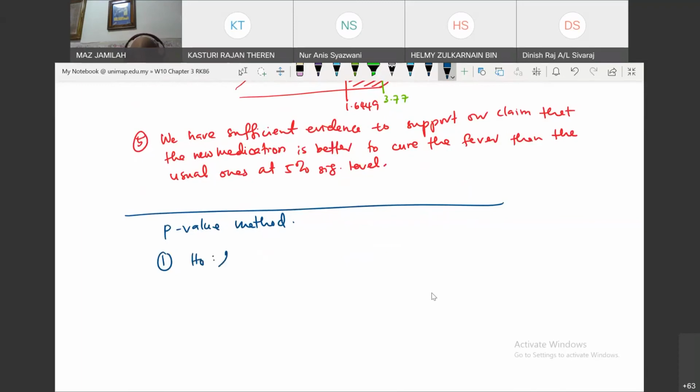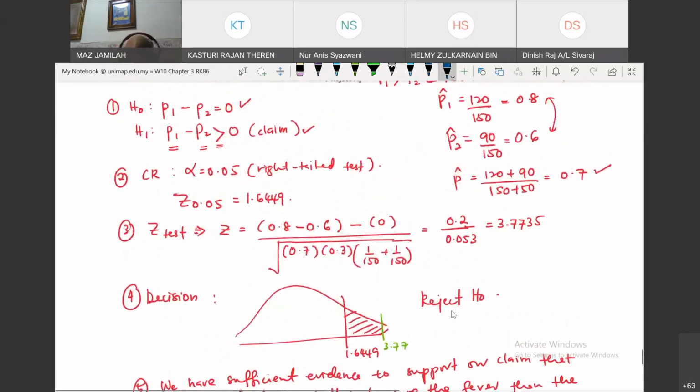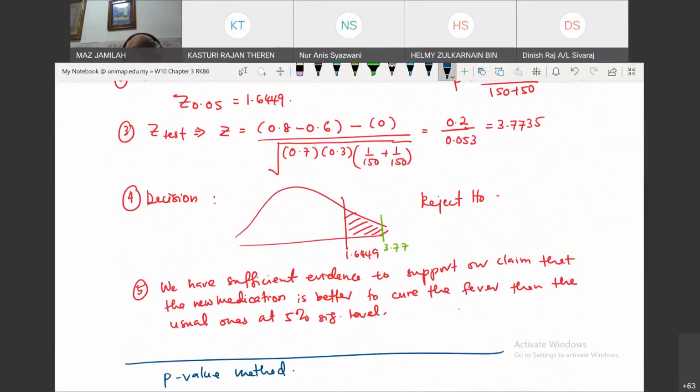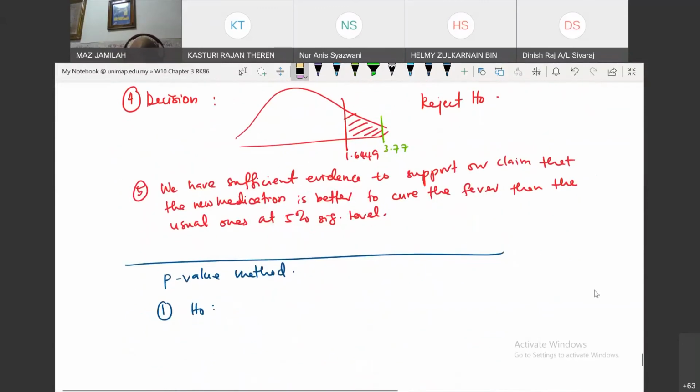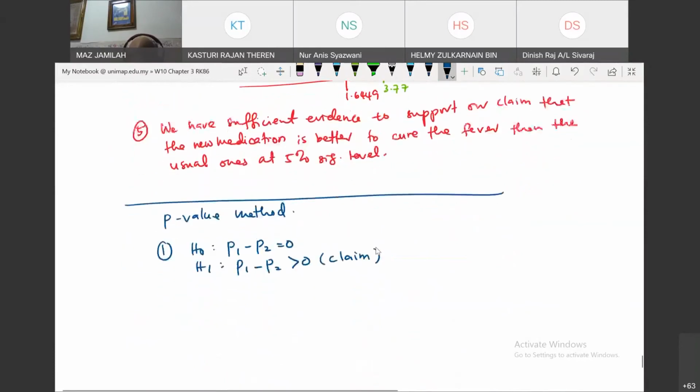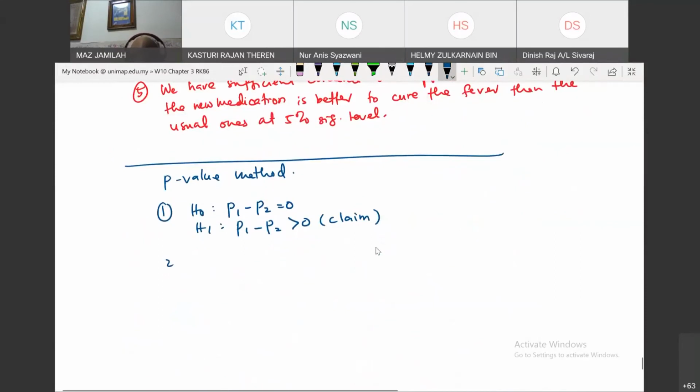H0 is about proportion, right? P1 minus P2 equal to 0. Alternative, P1 minus P2 greater than 0. This is our claim.